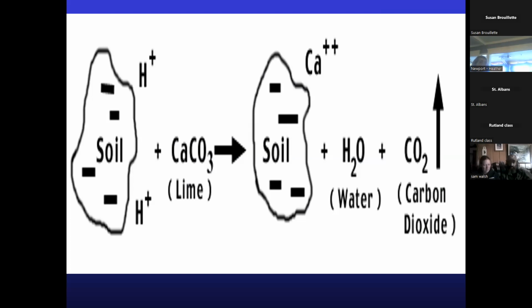You add lime, which is calcium carbonate, and then you get this reaction where the calcium dissociates from the CO3, and essentially the calcium goes onto the soil, and the oxygen binds with hydrogens to make water, and also some CO2. So that's basically the reaction. It's different with aluminum, but the same concept.